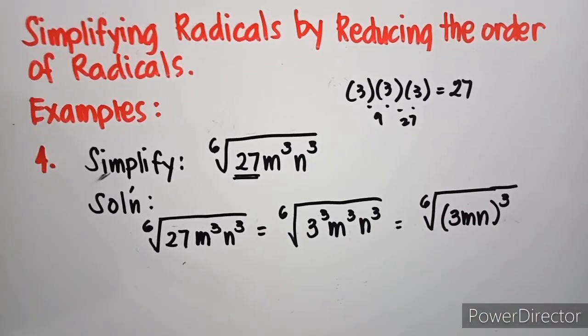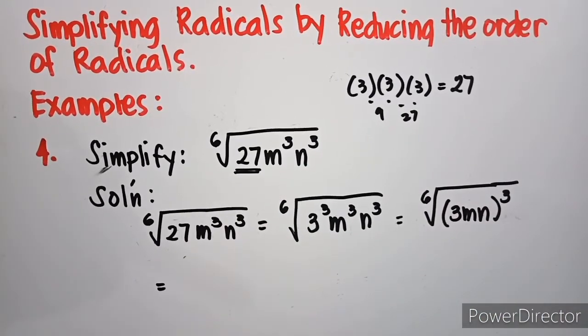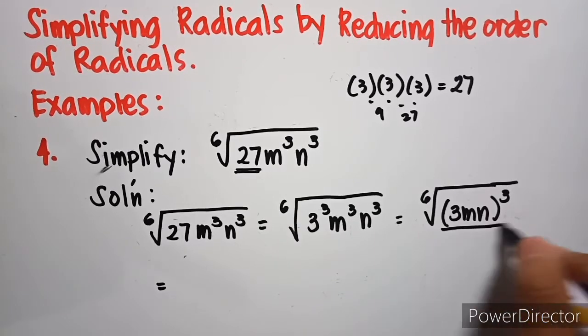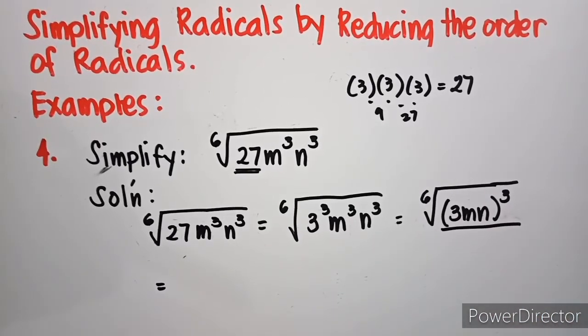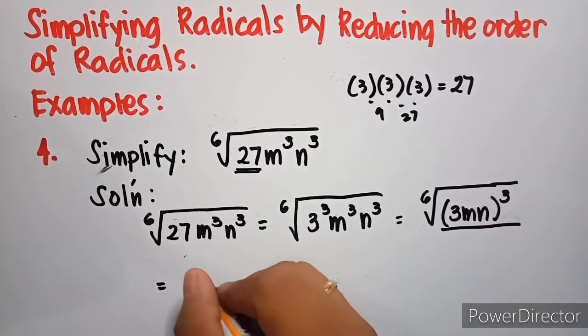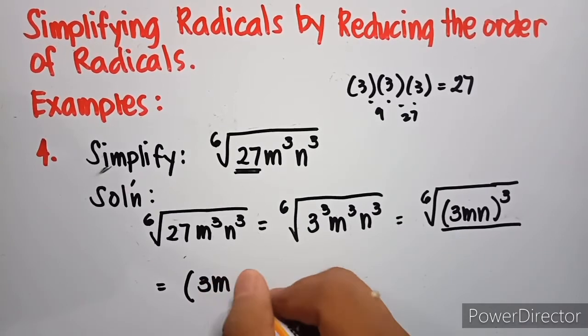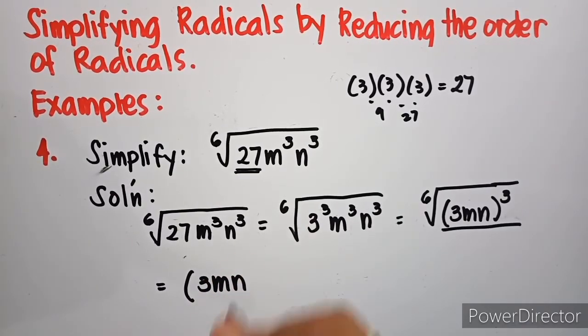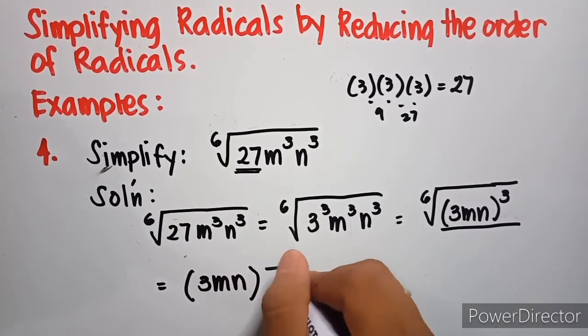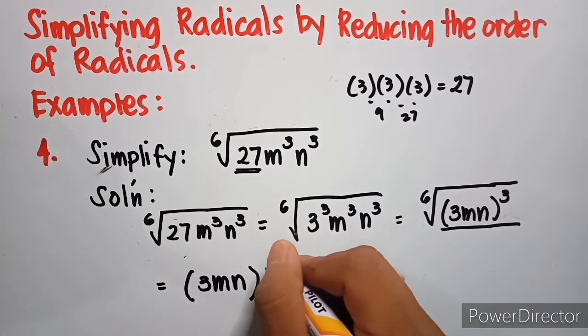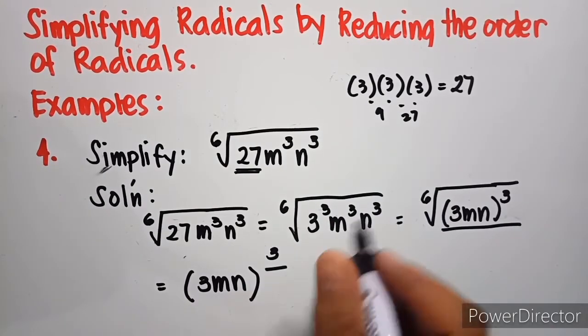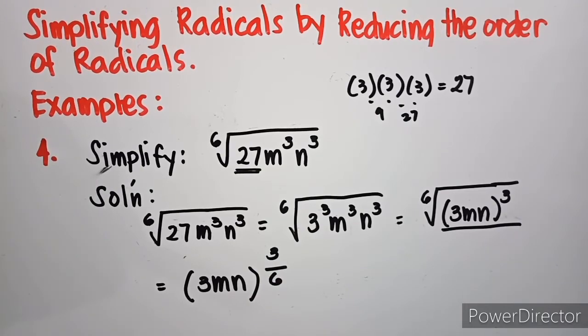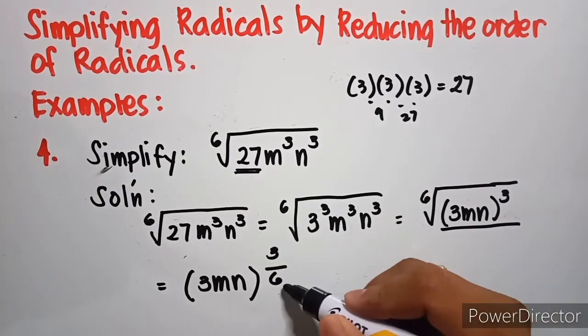So, then, that is equal to, i-rewrite natin siya into exponential form. So, we have 3mn, okay, parenthesis, exponent sa loob, which is 3, and our index, which is 6. So, magiging siyang 3 over 6.